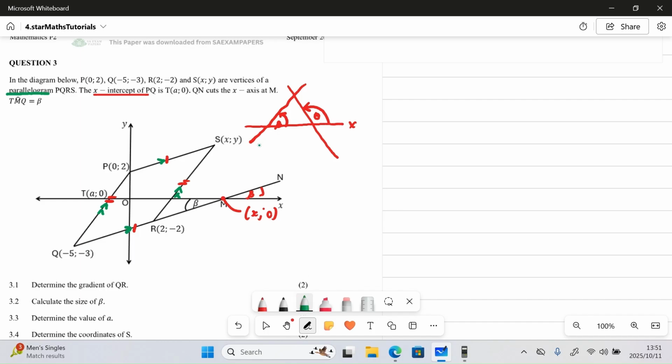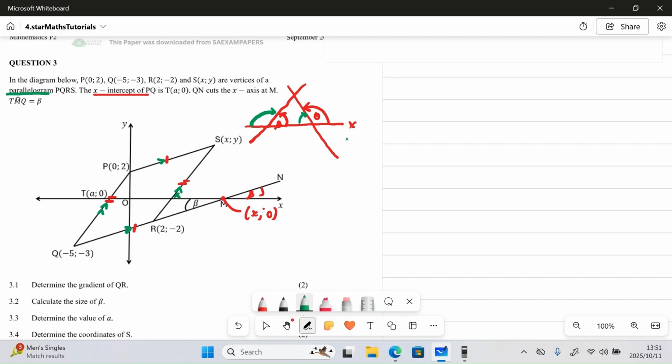We also have other angles that we don't know the name of. This angle is not the angle of inclination. Even this one, the green one, is not the angle of inclination, because the angle of inclination must be measured anti-clockwise from the positive x-axis to the line.